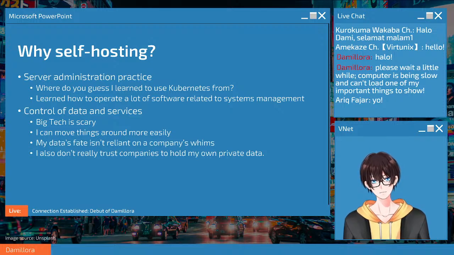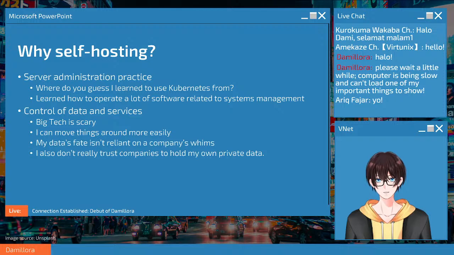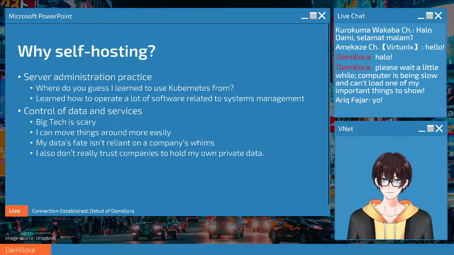Yeah, big tech is scary. Imagine when one company holds a lot of things about you. Someone is watching your every move. Not really, but companies know lots of things about you, whether it's about what you like for targeted ads, of course.